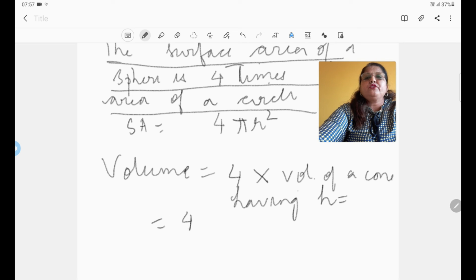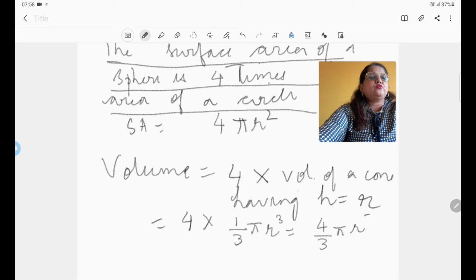So 4 times 1 by 3 pi r square h, like I have told you before, but height is also equal to r, so we get r cube. So we get this as 4 by 3 pi r cube. Remember this, then it will be easier for you to remember the formula.